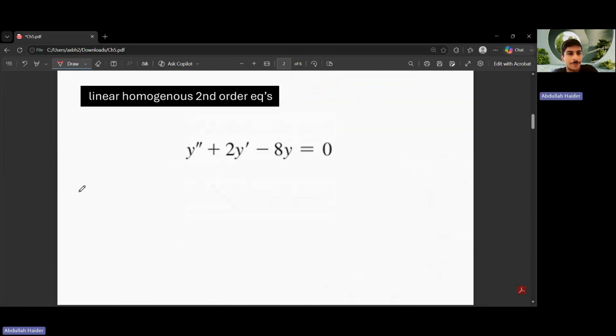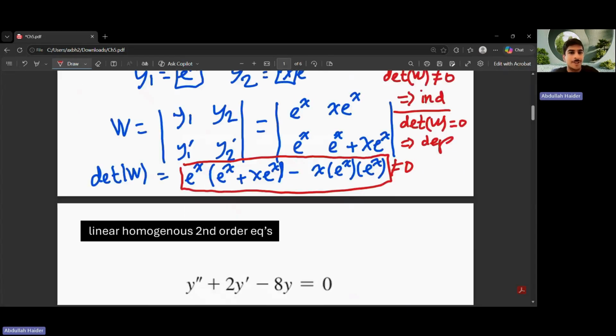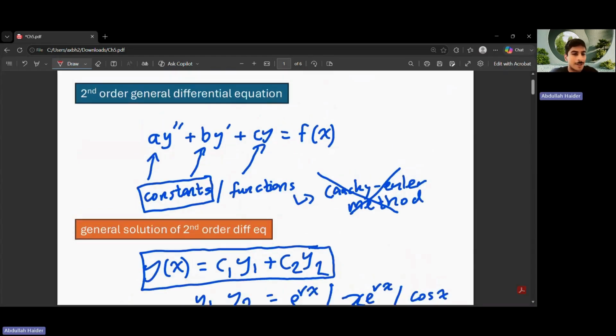Now, linear homogeneous second order equations. Above we discussed the general format of the second order differential equation, which is ay double prime plus by prime plus cy is equal to f of x. Now we want to know what happens if we put a 0 here.